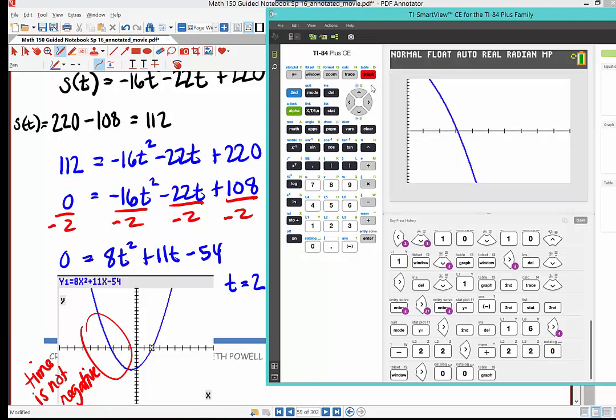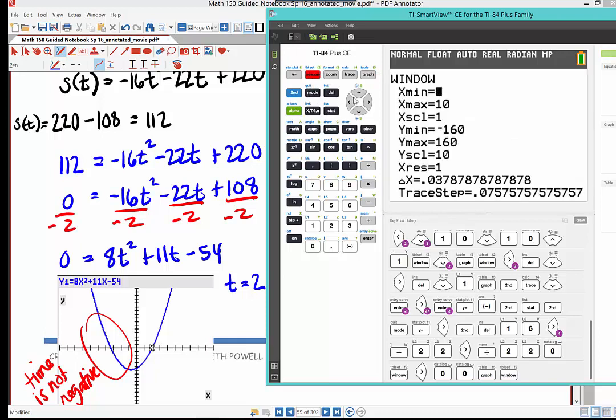So there's our original velocity function. The window's not too fabulous. Or that's our original position function. Okay. So let's go ahead, and we need to increase these y values.